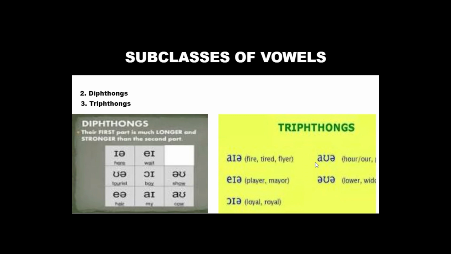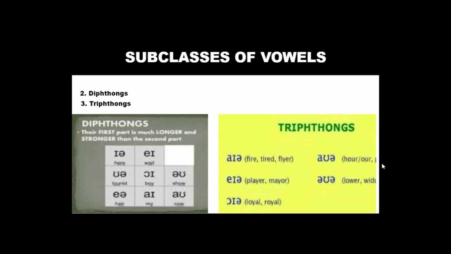Then we have a combination of ow and the schwa sound, giving us the triphthong as we have in hour, or 2 hours. Then we have our, like our class or our family. We also have the sound in power.